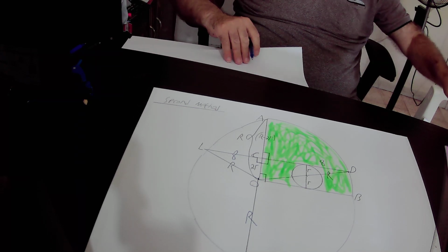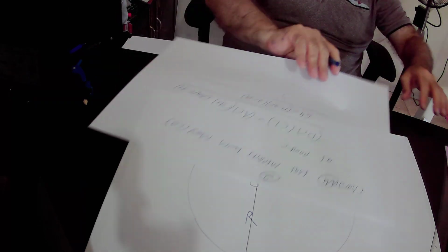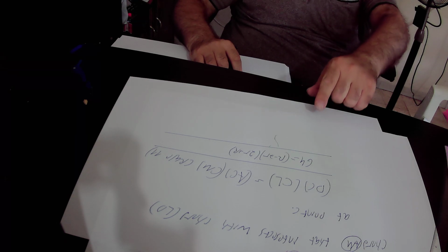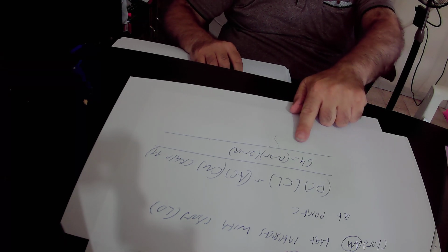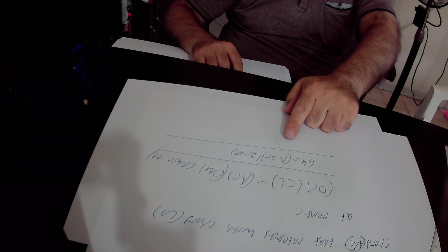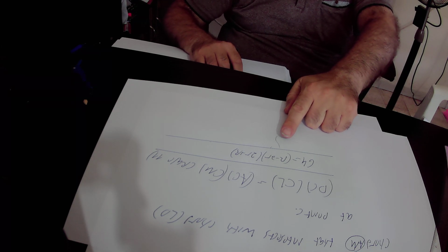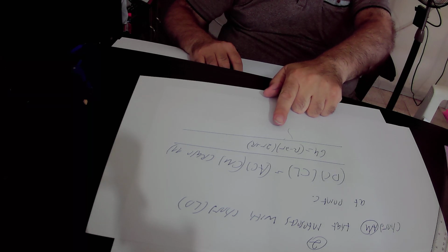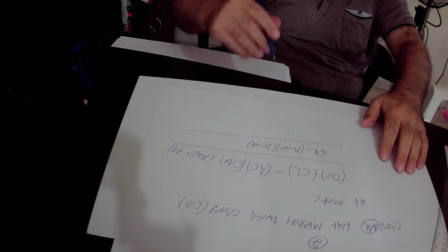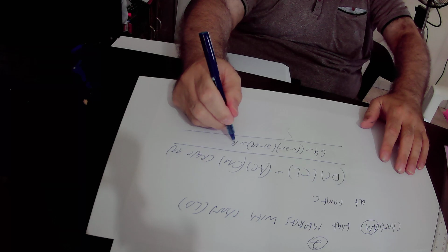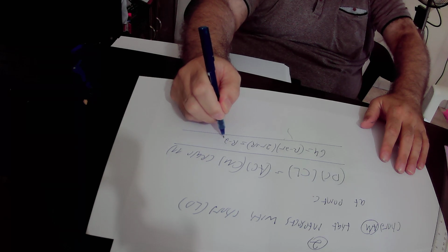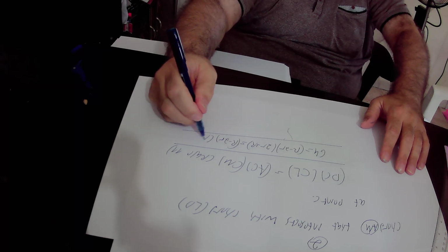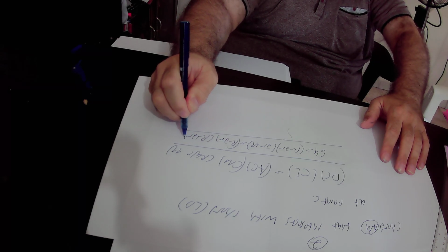So in conclusion, we found out that according to rule number 11, 64 equals capital R minus 2R times capital R plus 2R.